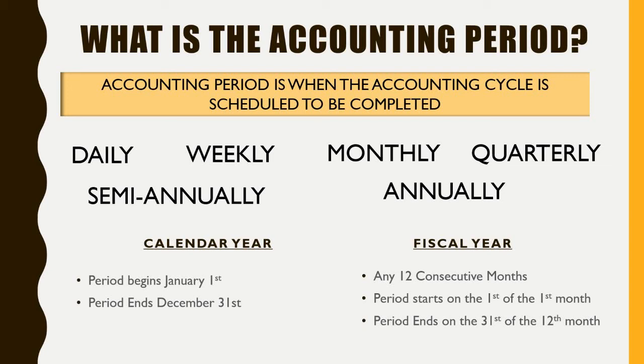Okay? Now, the maximum you can go is every year. You can't do it every 5 years. Okay? So the maximum you can do is every year. And the guideline for rules for GAAP is going to apply to this concept right here, that it has to be within a year.